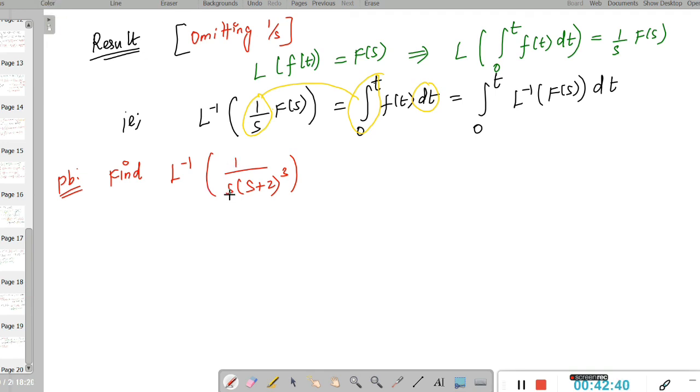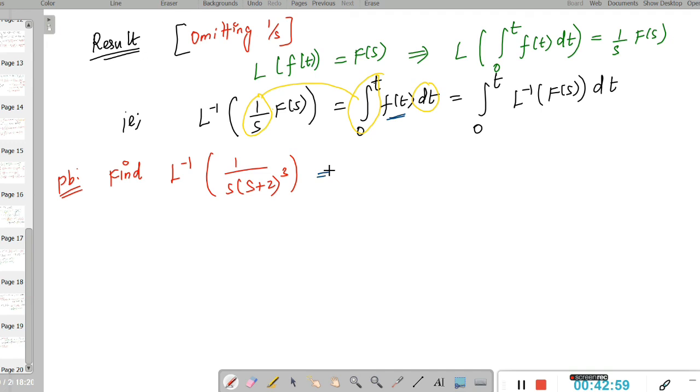So here 1 by s is coming. So except 1 by s, I am going to leave that 1 by s. Instead of 1 by s, I am going to put integral over 0 to t dt. For the remaining term, I am going to find f of t.